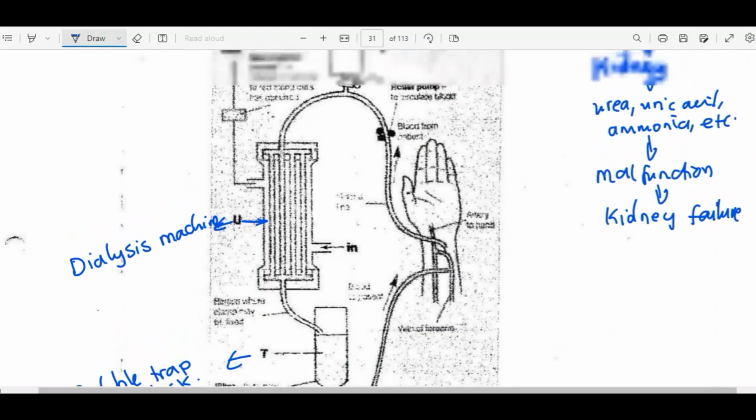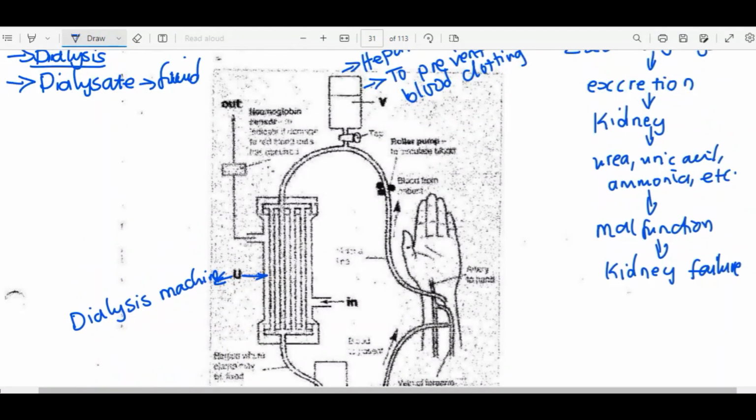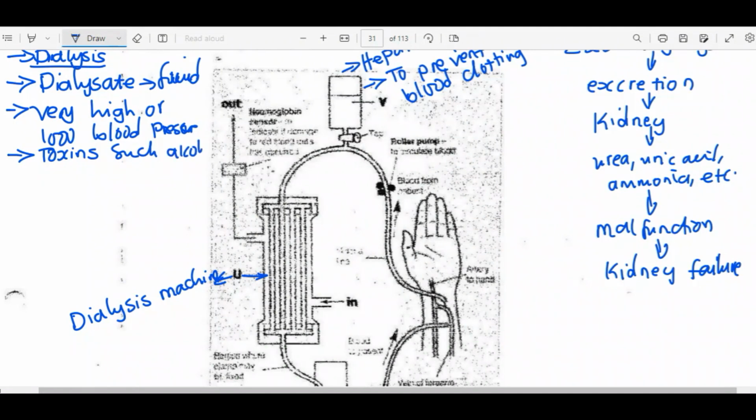Now, if we go back, let's look at the most common factors that may cause a patient to have kidney failure. The first one is very high or low blood pressure. The second one, we may have toxins such as alcohol.